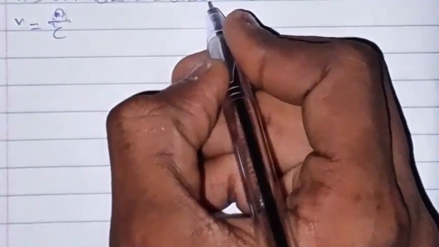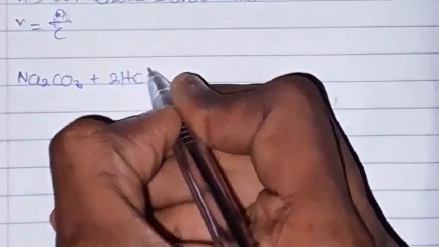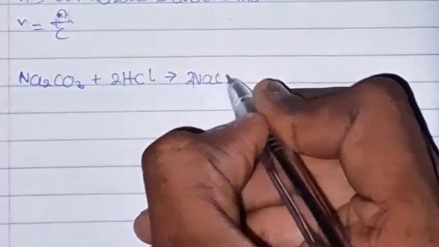From the equation, Na₂CO₃ plus 2 HCl gives 2 NaCl plus H₂O plus CO₂. This is already a balanced equation.